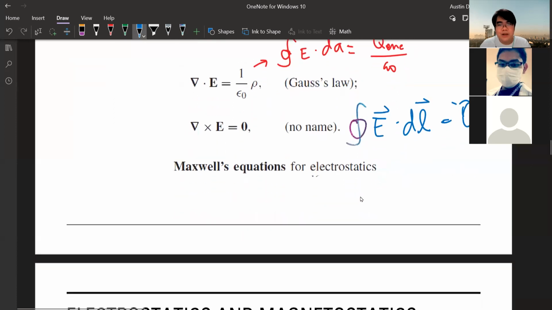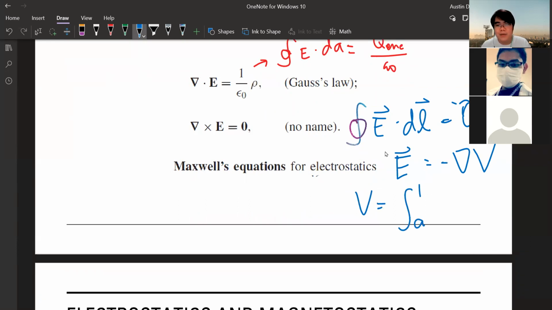And from this, nabuo natin yung electric potential formulation. Okay, nabuo natin dito yung electric potential. So yung V will be the integral of E dot dl. Okay? So nabuo natin yung electric potential dyan, which is nice. And yung potential na ito, napadali lalo yung buhay natin when it comes to calculating electric field.